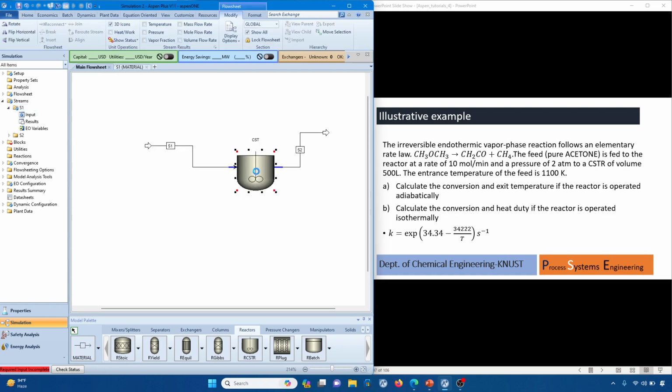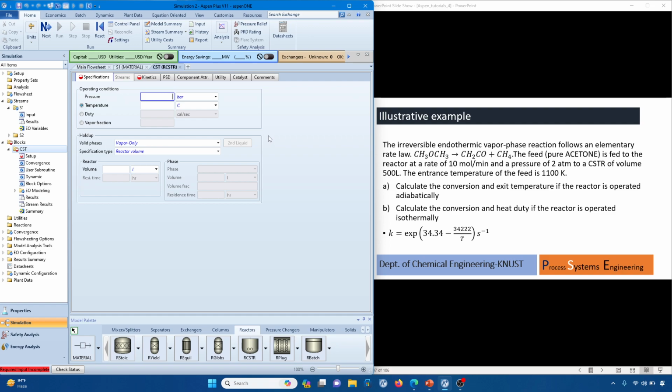That should do it. Specify the reaction and the reactor operating conditions. Since we are running it adiabatically, we choose to specify the duty, where the duty is 0.